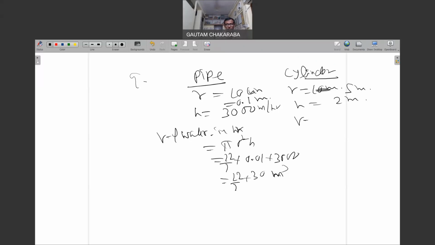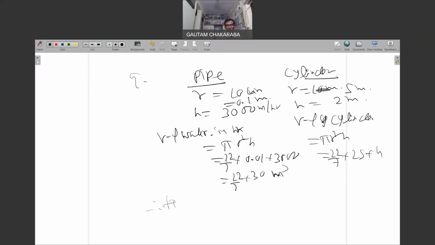And volume of cylinder is pi r square h, 22 by 7, r is 5 so 25, and depth 2. So time needed: because this is the total volume of the cylinder, because this water fills that cylinder, volume of cylinder divided by volume of water per 1 hour gives you the time.